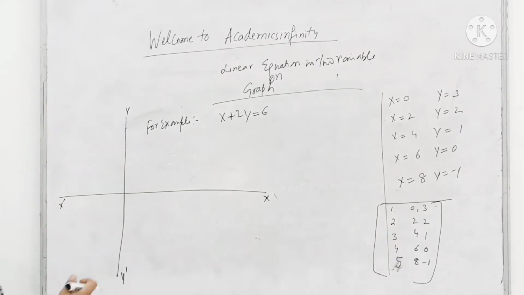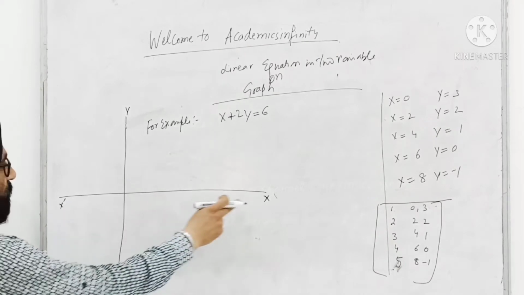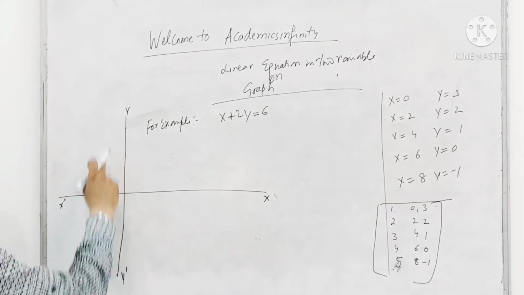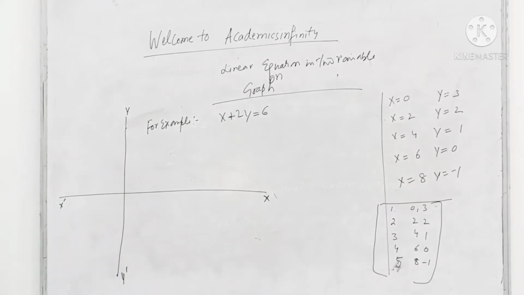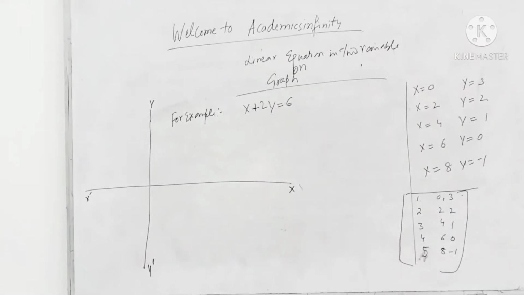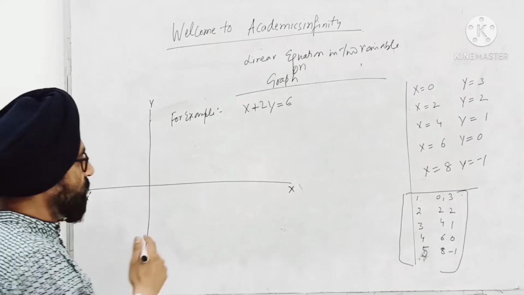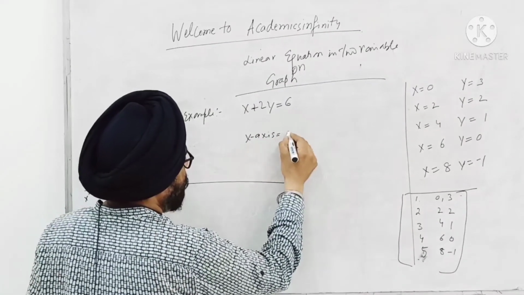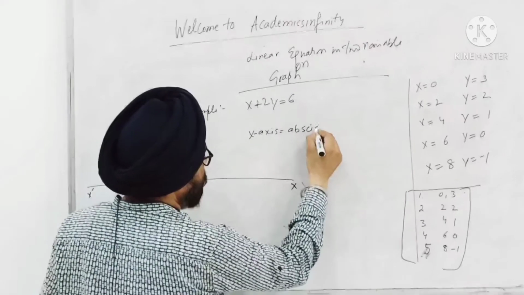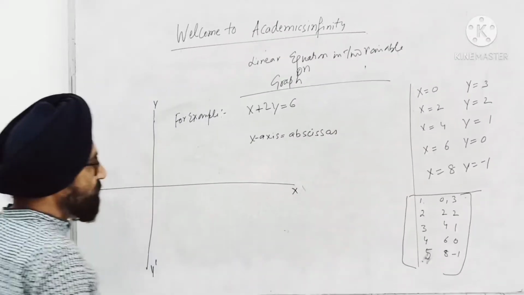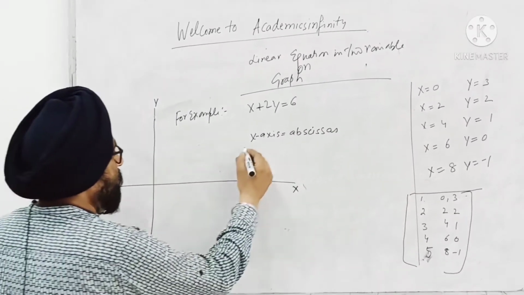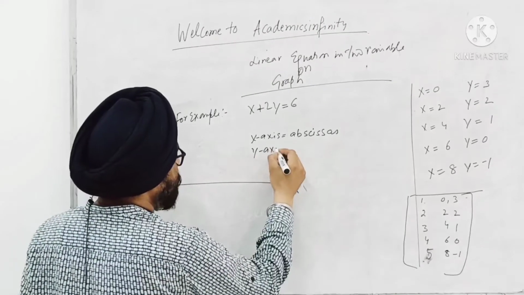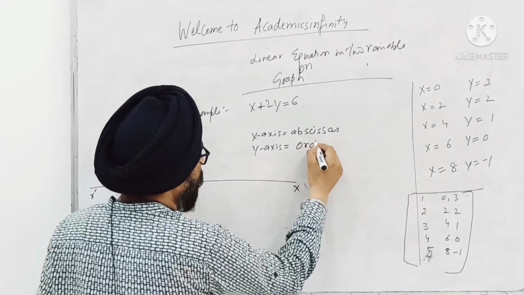Here is a graph. X axis, y axis. The x axis is also known as the abscissa, and the y axis is also known as the ordinate.